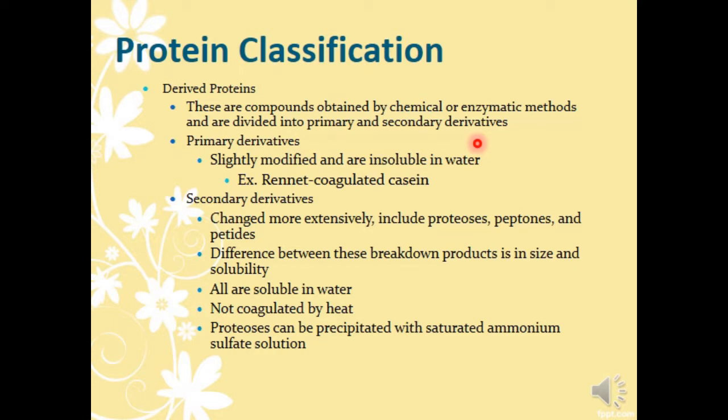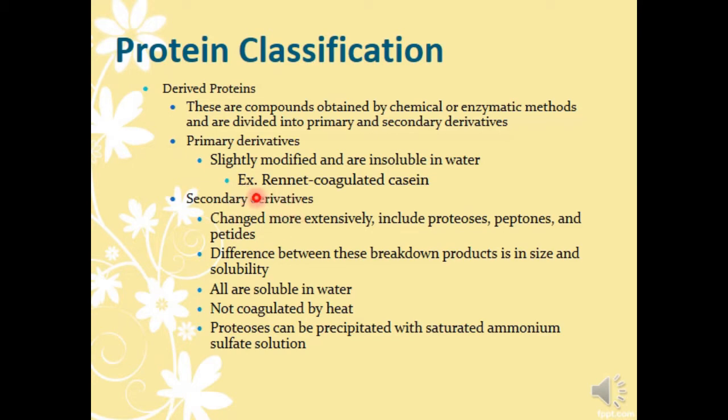The example of primary derivatives is rennet coagulated casein. Rennet is an enzyme obtained from the cow, and it is used to coagulate casein from milk.